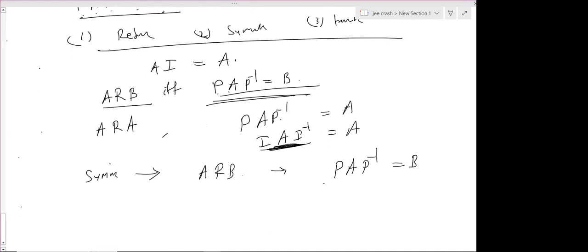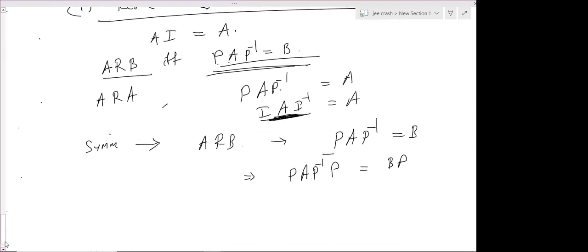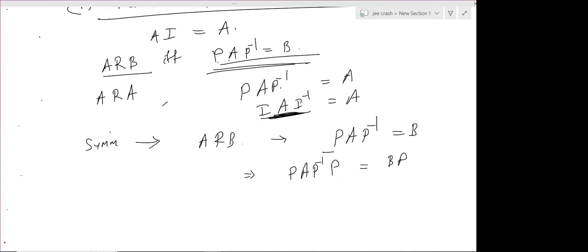So can I multiply this both sides with the P matrix? P A P inverse times P equals B into P. Can I do this? Yes, sir. So this becomes P A I equals B P. Now I can multiply P inverse both sides.